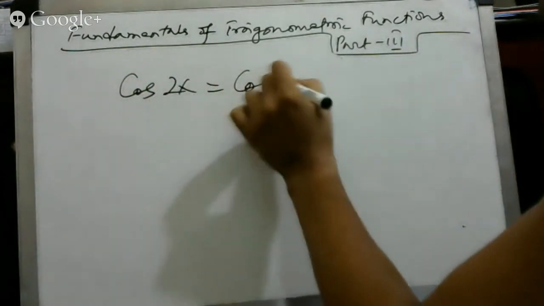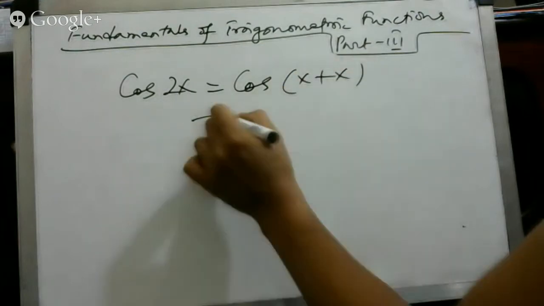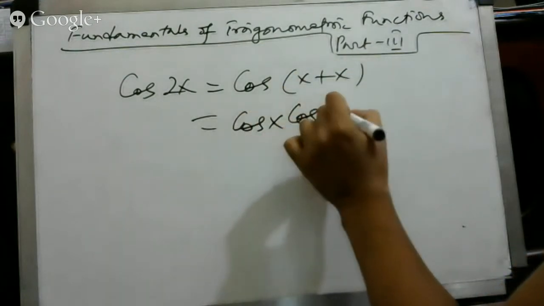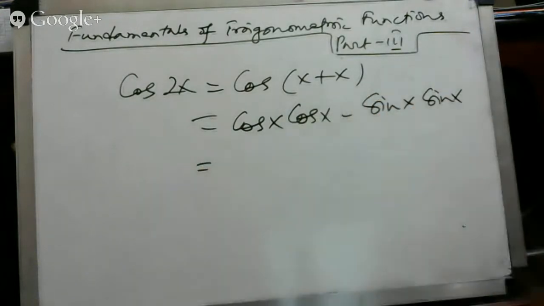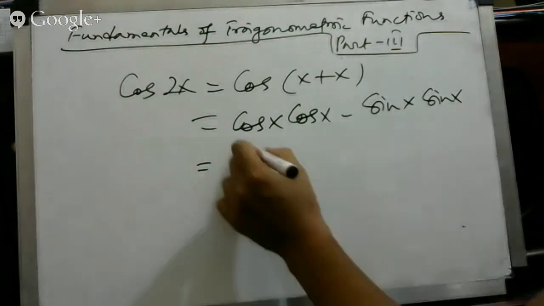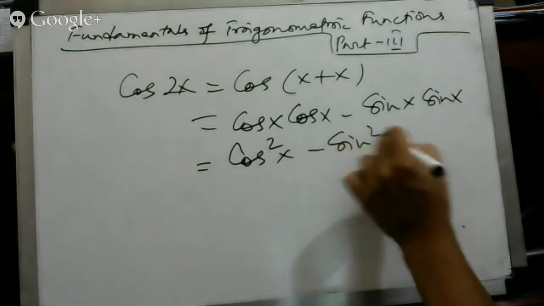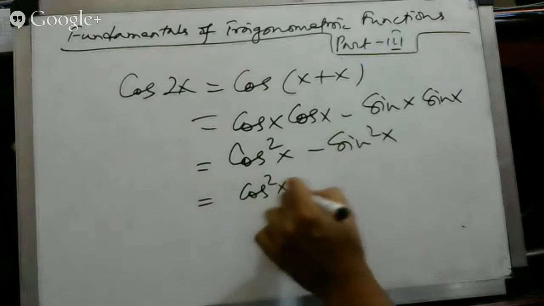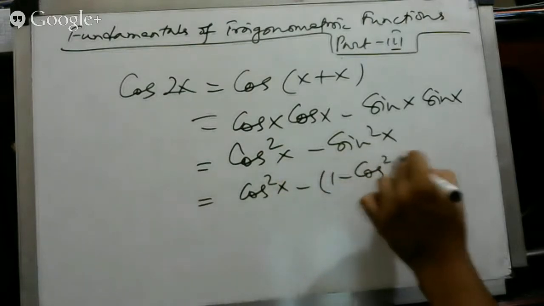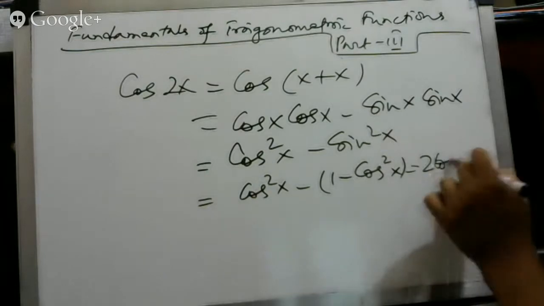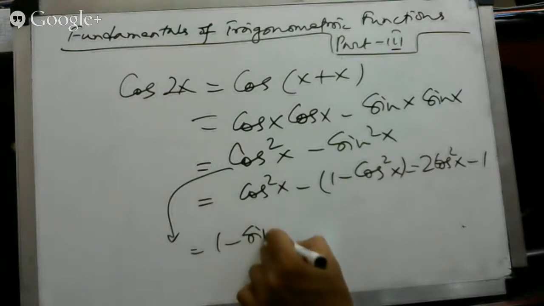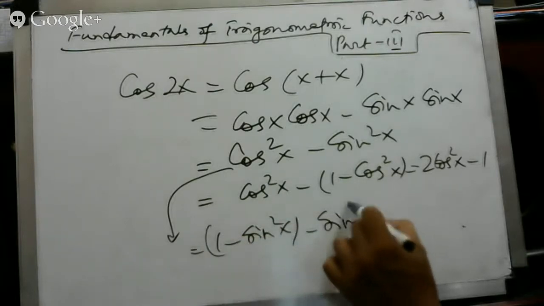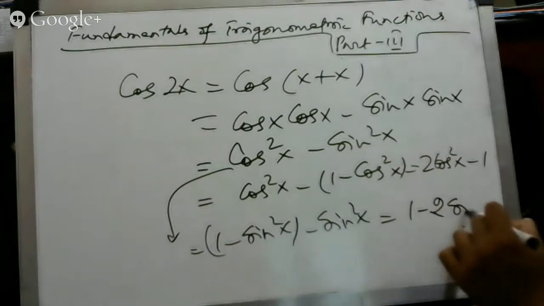Cos of 2x is nothing but cos of x plus x, which is cos a cos b minus sin a sin b, which is equal to cos square x minus sin square x, which is again equal to cos square x minus 1 minus cos square x, which gives 2 cos square x minus 1, or we can write this also as 1 minus sin square x minus sin square x, which is equal to 1 minus 2 sin square x.